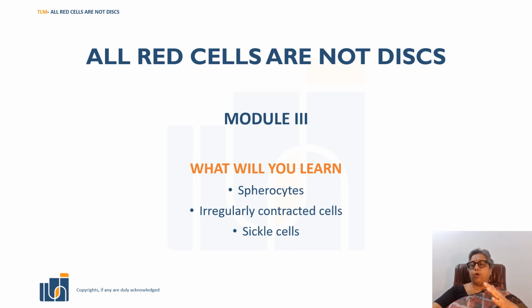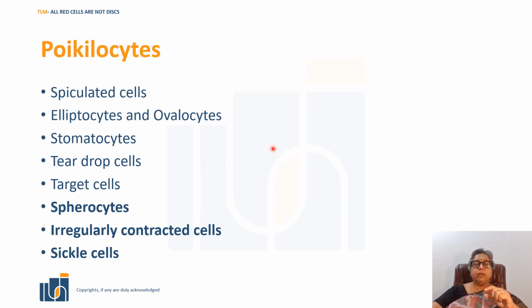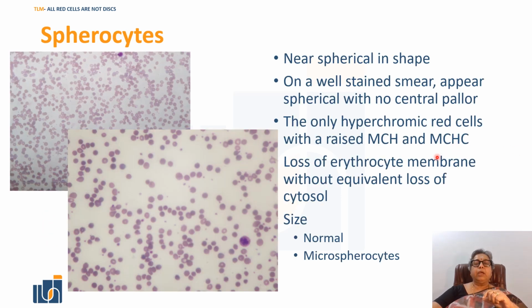Now we will cover another group of abnormally shaped poikilocytes, which are the spherocytes, the irregularly contracted cells, and the sickle cells. We finished these and we shall now discuss the last three in the group. So let's start with spherocytes.